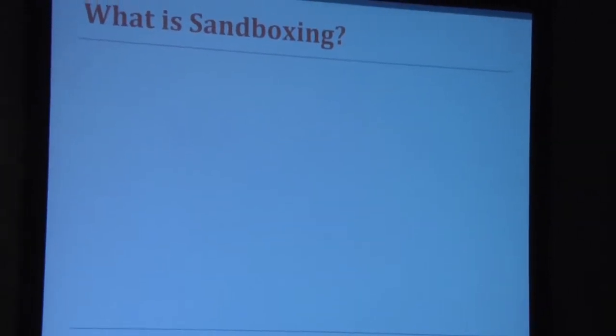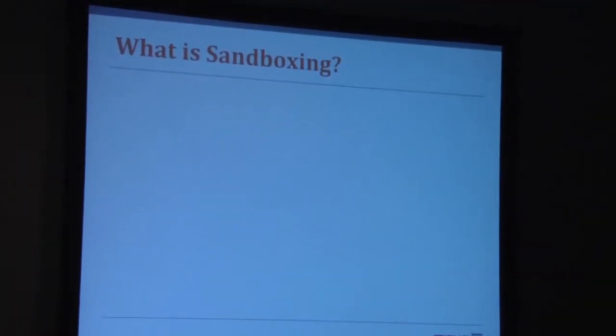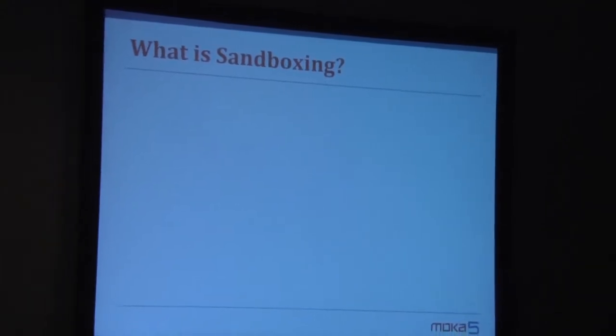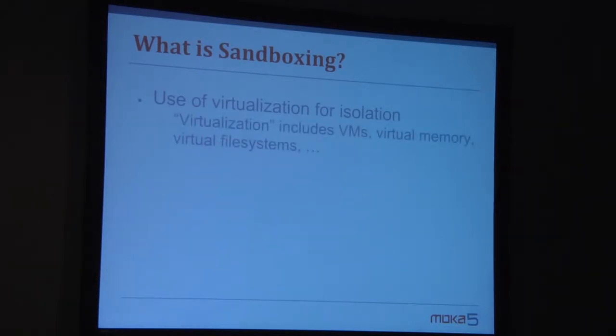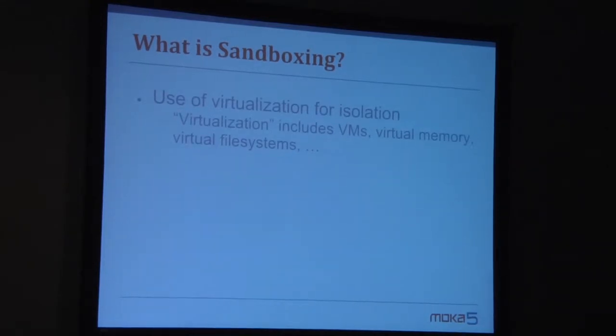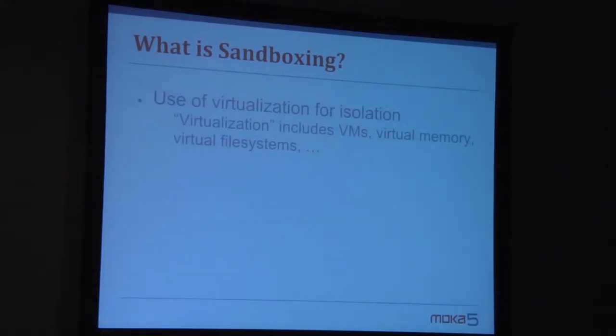First of all, what is sandboxing? We're taking a really literal and academic view of it. Sandboxing, if you get right down to it, is using virtualization for isolation. When we talk about virtualization, this is not just virtual machines, but includes other concepts like virtual memory and virtual file systems.